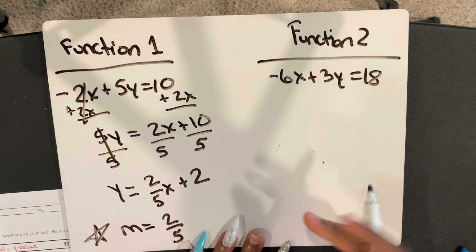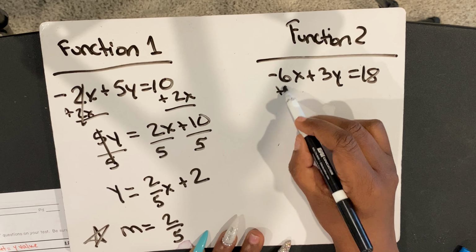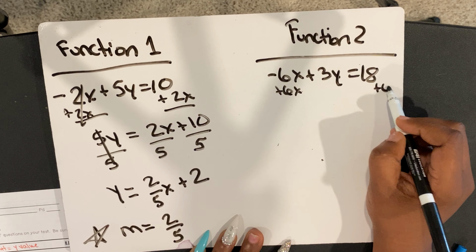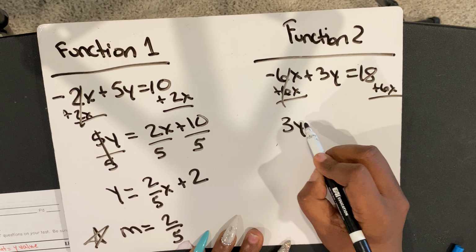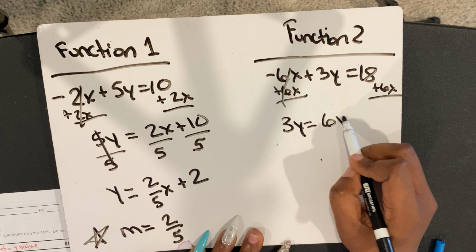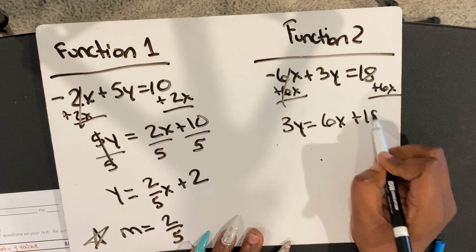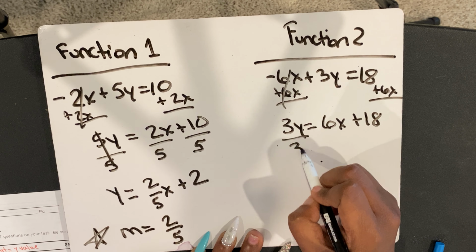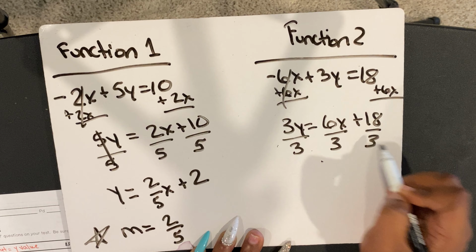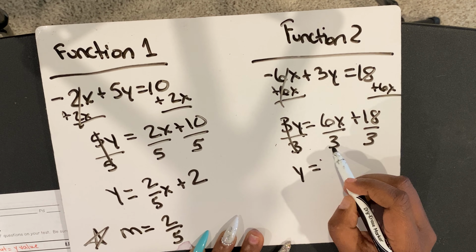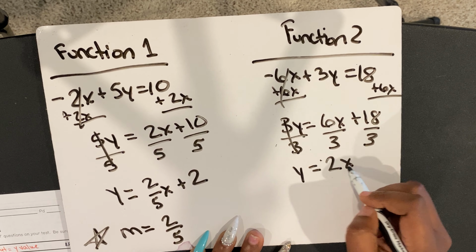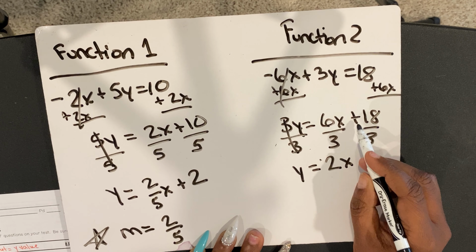All right? Over here, we're going to do the same thing. We're going to get that 3y on its own, by itself on that side. Then I'm going to divide everything by 3. 6 divided by 3 is 2. 18 divided by 3 is 6.